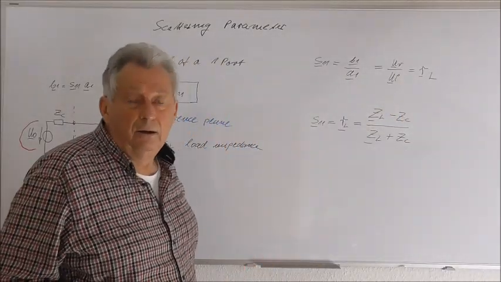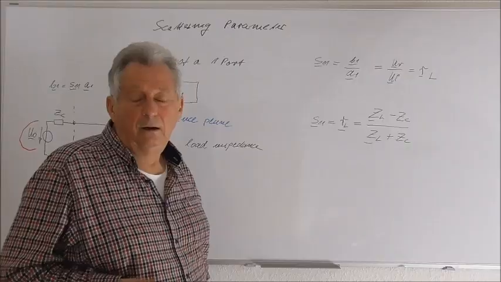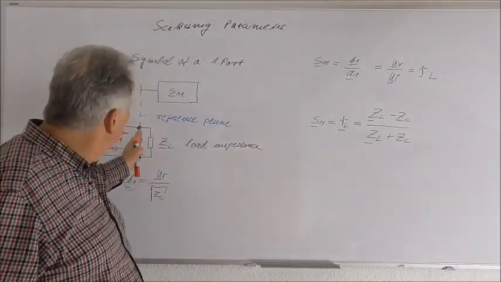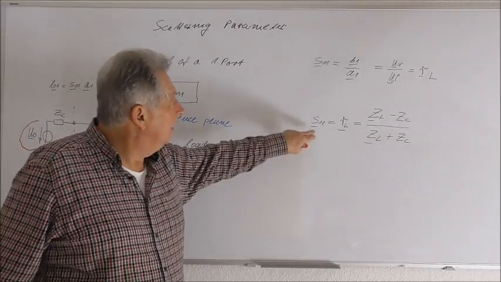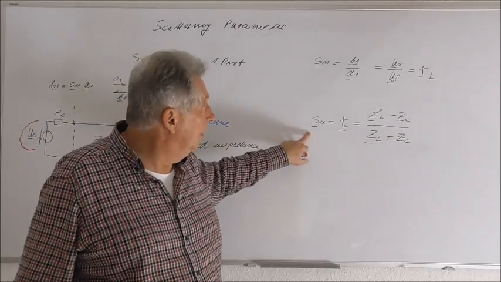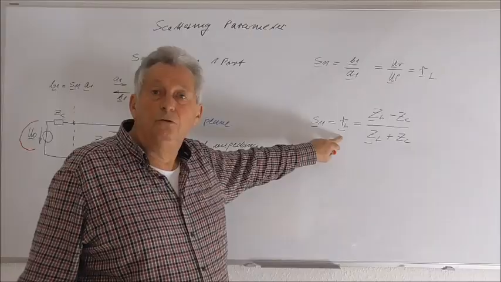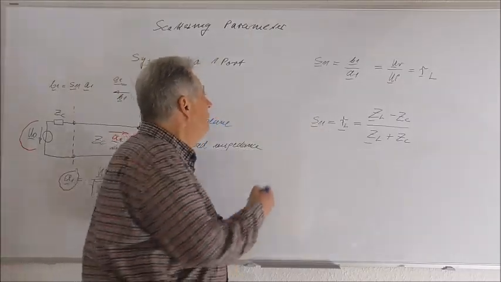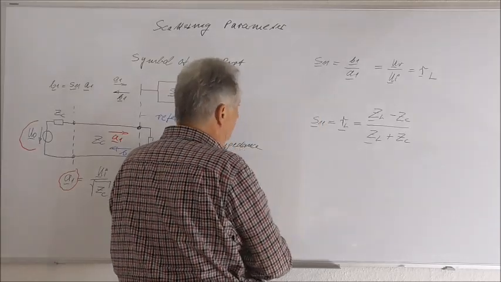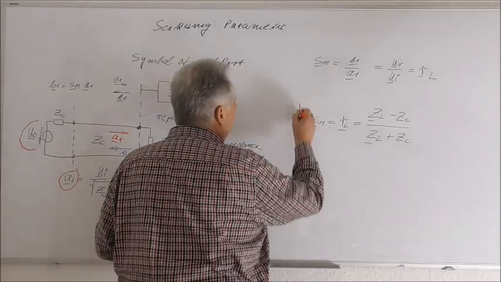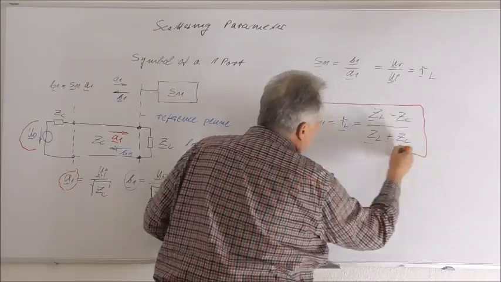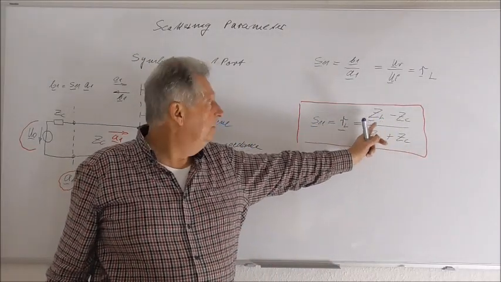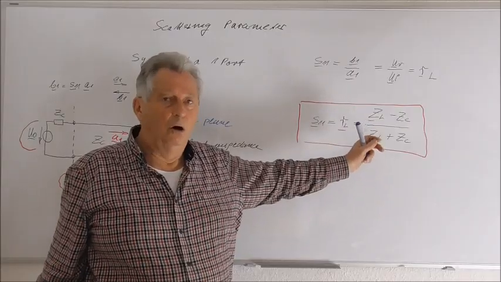So we find that if I consider a one-port which is equivalent to a load impedance, then we can calculate the parameter S11, which is equal to the reflection coefficient of our load impedance, and this is the equation we can use now to calculate the parameter S11 if a transmission line is terminated with a certain load impedance.